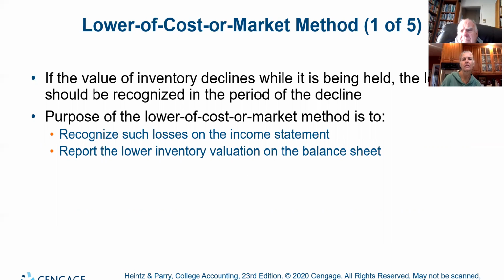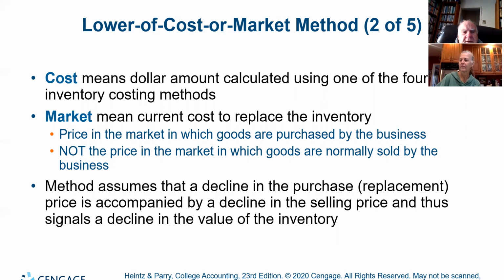But now your salespeople are coming back and saying, nobody's buying these t-shirts anymore. They're way out of style. We'll be lucky to get $10 a piece instead of 20. You have to reduce that inventory value by whatever the lower of cost or market is. So let's take a look at what we're talking about. Cost means dollar amounts calculated.